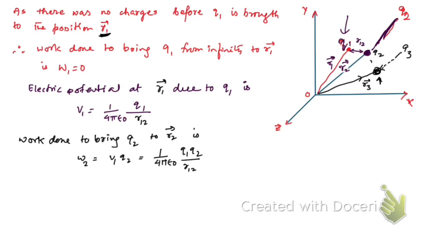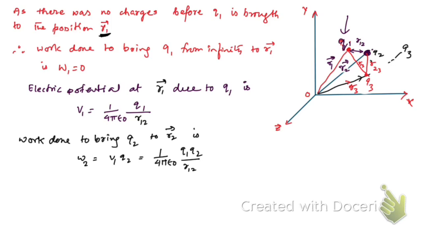Let me write R23. So let me clean this, let me write it properly. This is the position, suppose Q3. Now this is the position R3, and the distance from Q2 to Q3 is suppose R23, and the distance from Q1 to Q3 is suppose R13. Let me write that way.